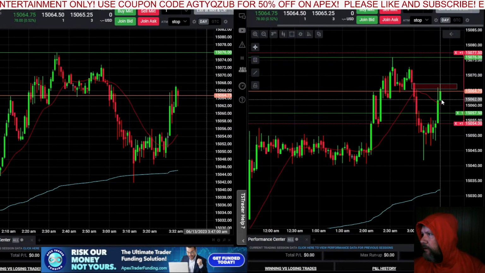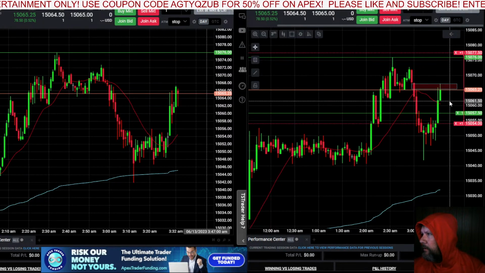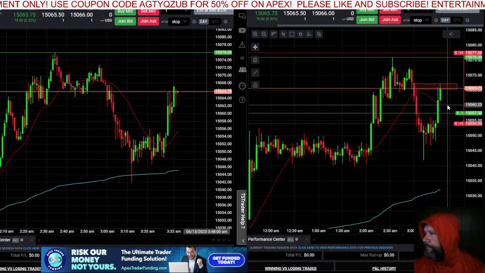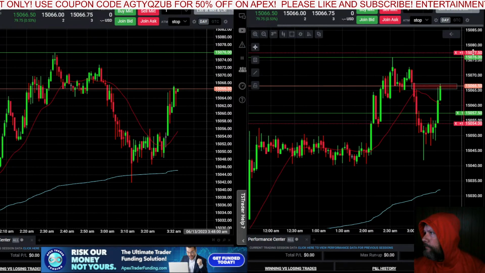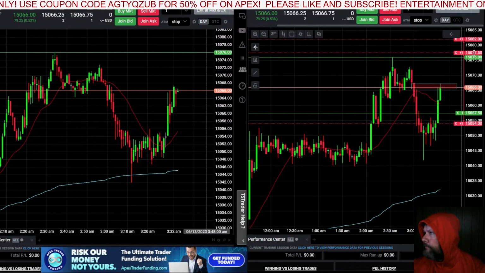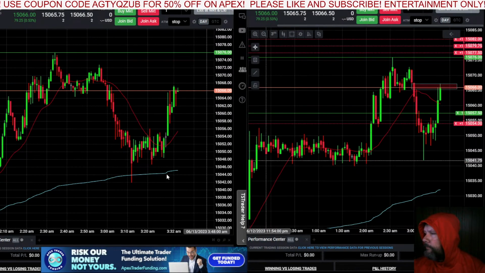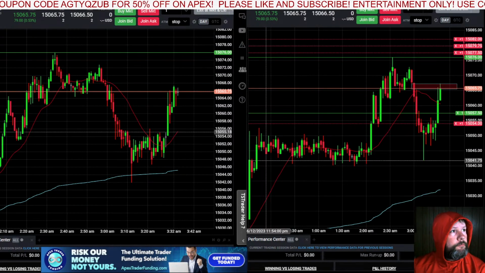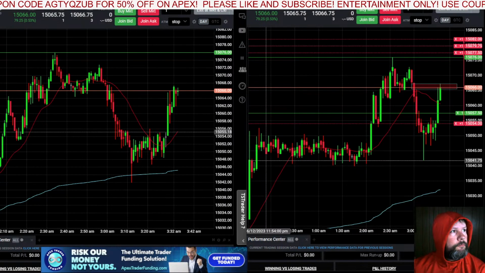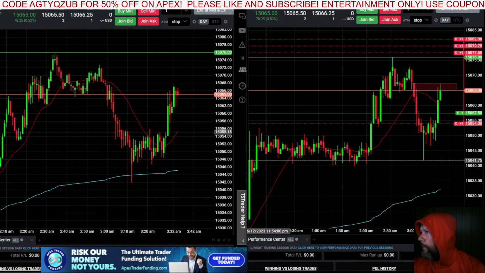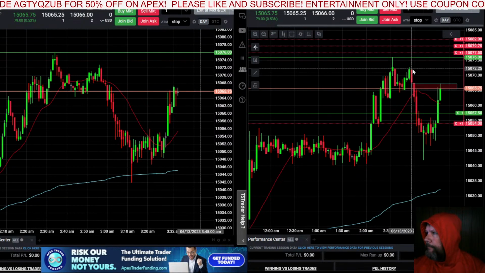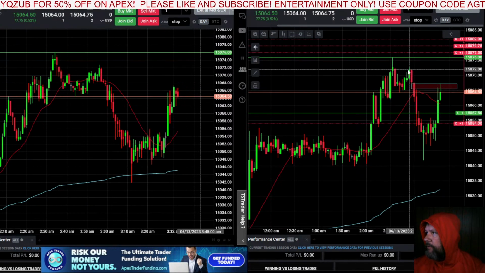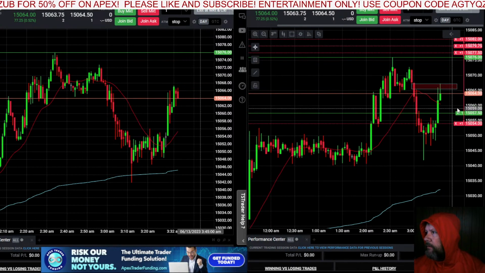Now, if this creates a fair value gap here, if this closes, then we'll move our entry up to the 3-minute gap. Well, let's see what happens there. Again, if it takes out this fair value gap and moves above this kind of swing high here, then I think I'll scratch this trade.